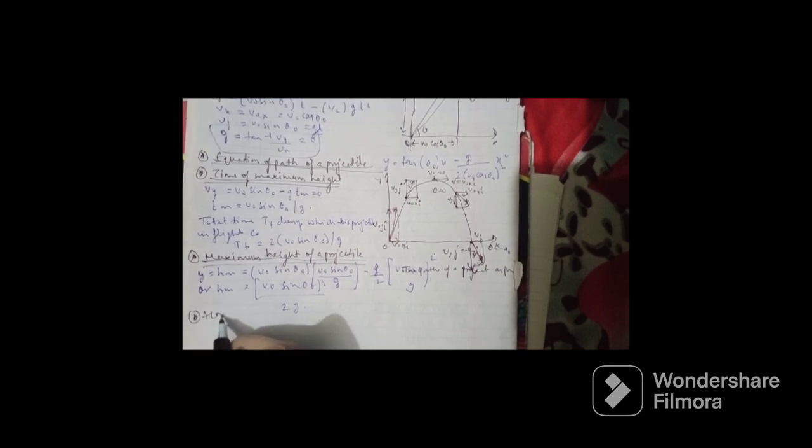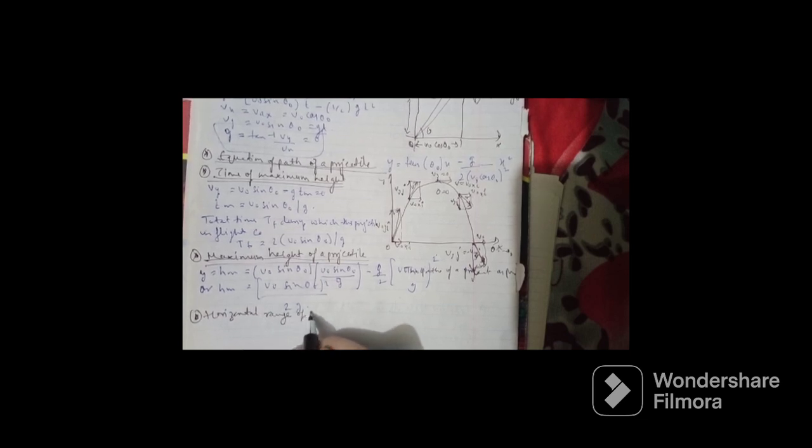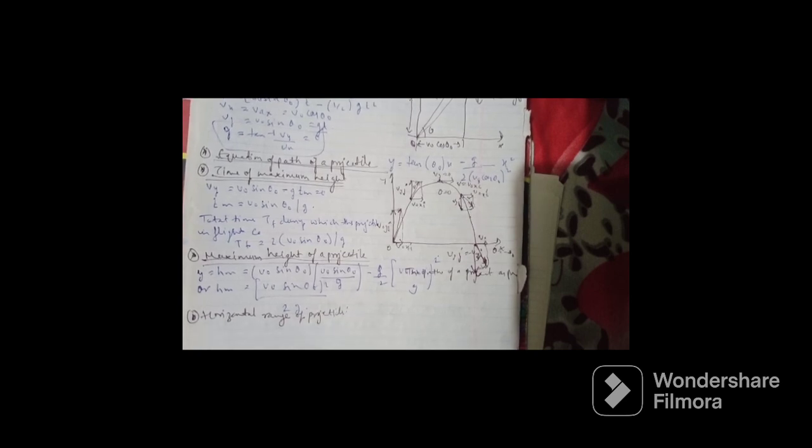Now we go further and discuss the horizontal range of a projectile. The horizontal distance traveled by the projectile from its initial position, x equals 0, y equals 0, to the position where it passes y equals 0 during its fall, is called the horizontal range.